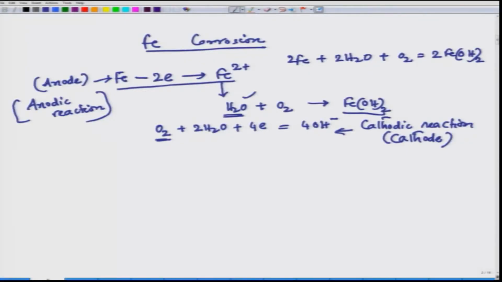We have also given the example of iron corrosion in the atmosphere, and if I go back and try to see that slide, you see that iron is going to iron plus 2 ion, electrons are released, and these electrons are taken by the cathodic reaction, which is O2 plus 2 H2O plus 4 e equal to 4 OH minus.